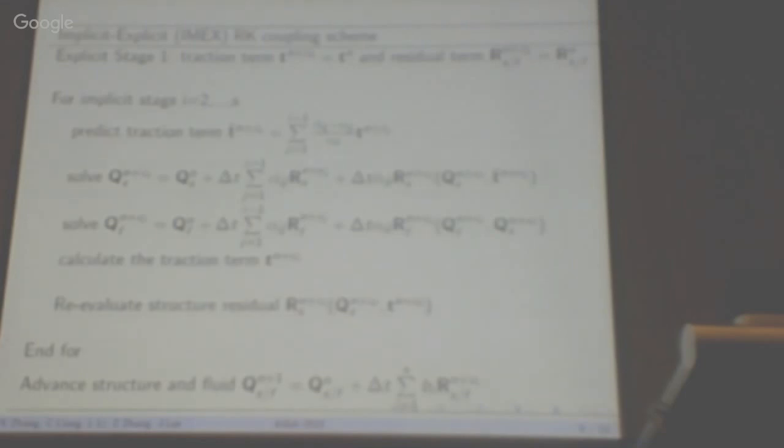And then once the fluid system is solved, we can calculate the actual traction term at this time stage. After the actual traction term is obtained, we will re-evaluate the structural residual, because right here we used the predicted traction term. So after all this process, we can advance the structure and the fluid to the next time level.